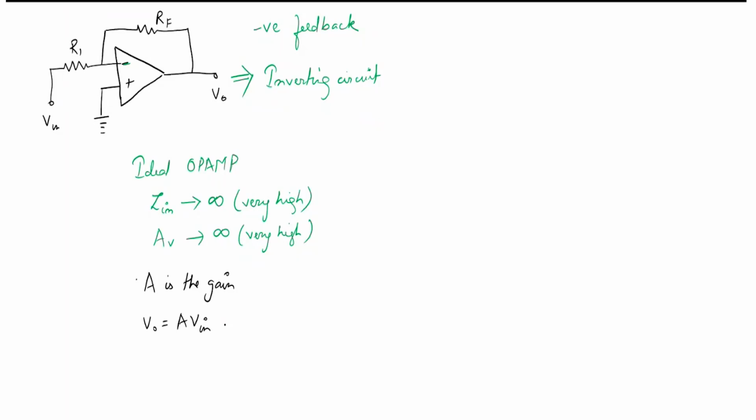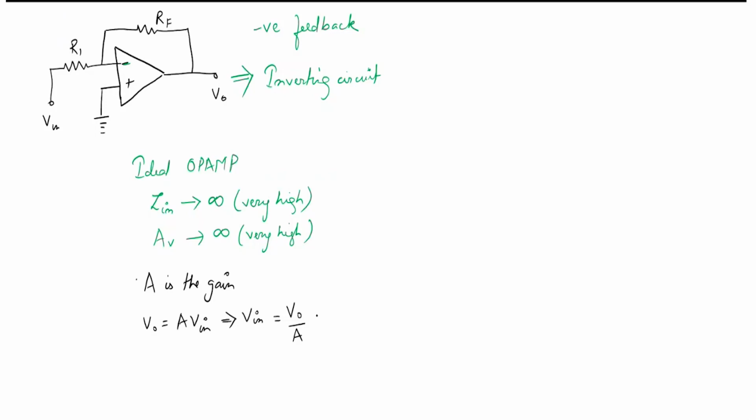And from this, can I write V input is equal to V naught by A? Can I write it like this? But the gain is very high.